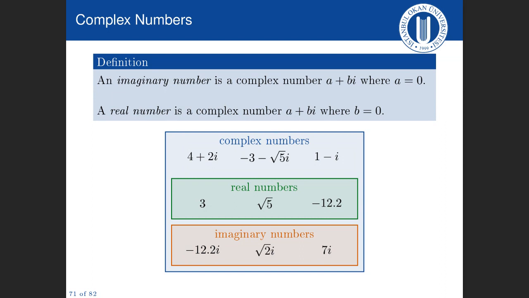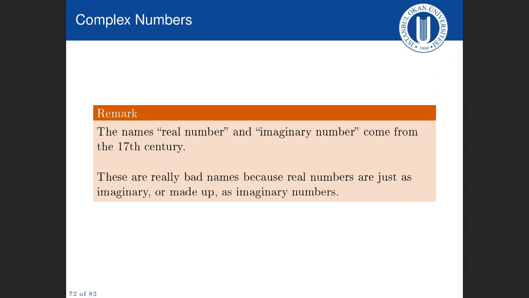These names are really bad names. These names come from the 17th century, and that comes from their understanding at the time. More than 300 years ago, people were thinking that real numbers were somehow existing in the world, or real, and they thought that these imaginary numbers were the made-up ones.